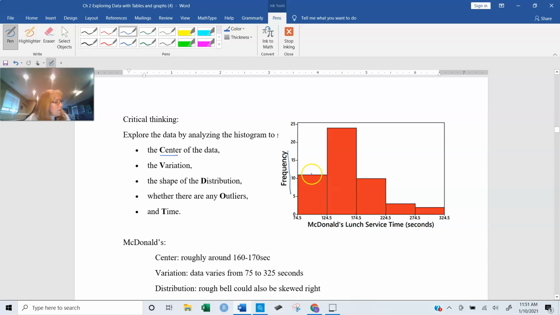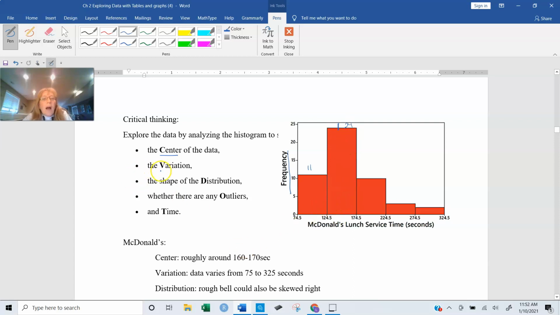So 25 of my data are going to fall roughly in here, right? Because there were 11 of them here, and there were 24 here. I need to know where the 25th one fell, so it's going to be in the middle of this class somewhere. Agreed? Because 11 plus 14 is what's going to give me 25 data values. We don't know where, but it's in here.